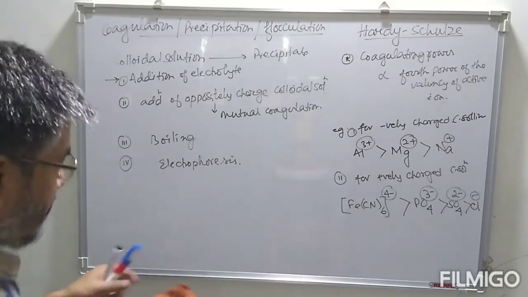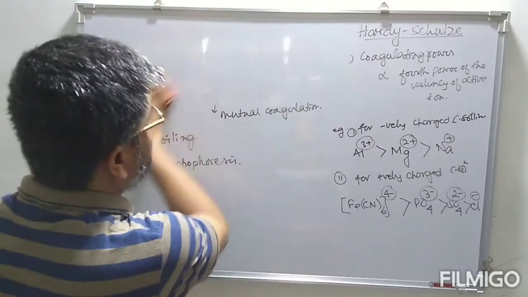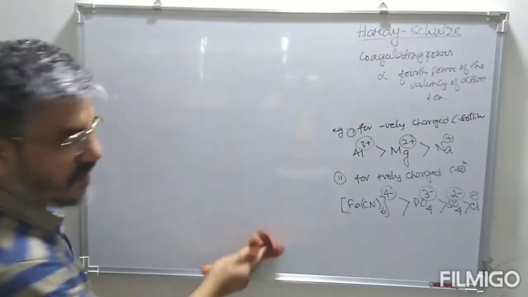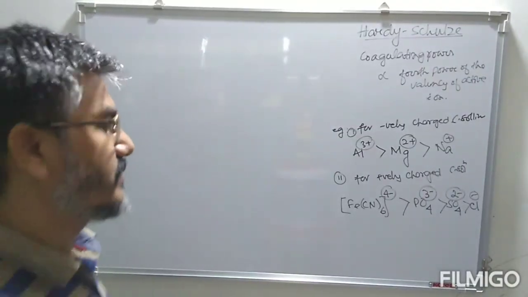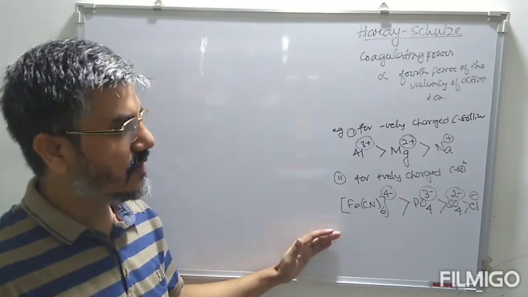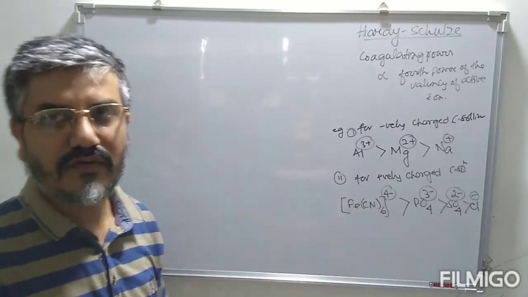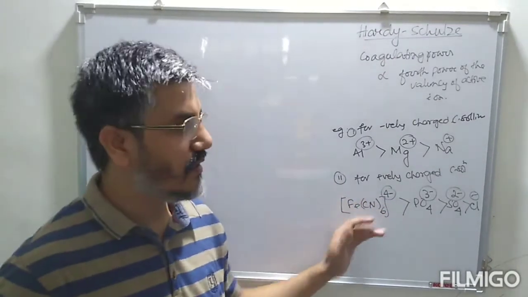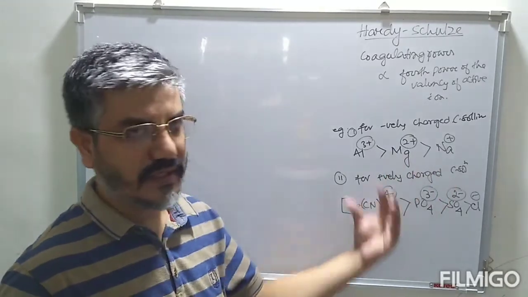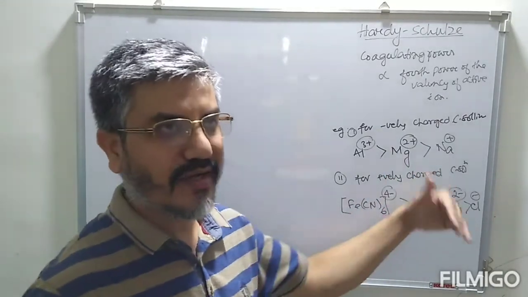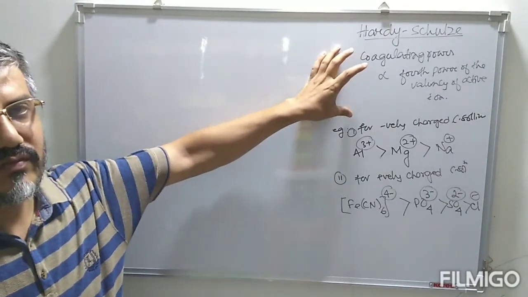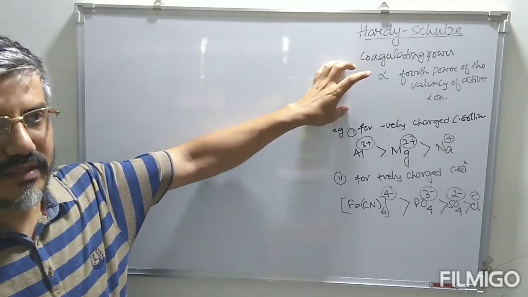Now, for this Hardy-Schulze rule, he emphasized the valency of the ion used for coagulation. He completely disregarded the size of the ions. Normally, the ions used for coagulating the colloidal particle polarize the ions of the charges of the colloidal particle.